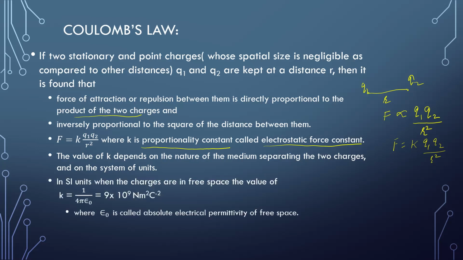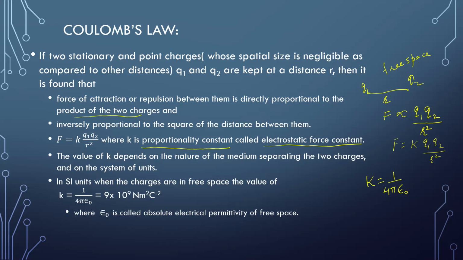Now, in the SI system of units, when the two charges are in free space, the value of K is equal to 1 upon 4 pi epsilon naught. This epsilon naught is called the absolute electrical permittivity of free space, which means how much electricity can pass through free space.